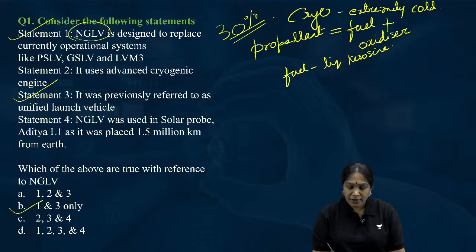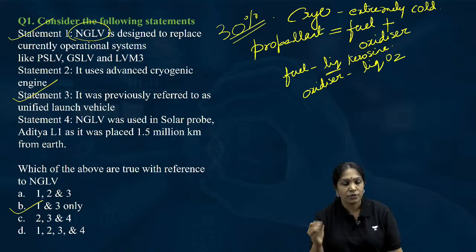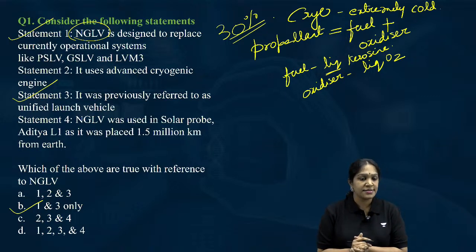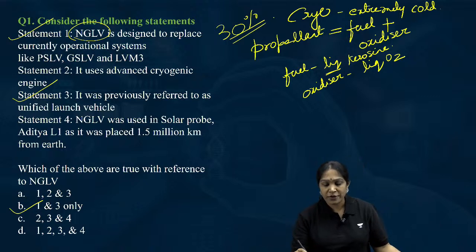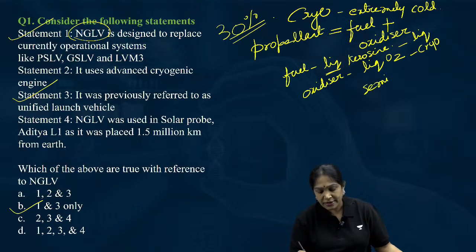Whereas, oxidizer is liquid oxygen. Because we do not have the atmospheric oxygen, we use liquid oxygen as the oxidizer. So therefore this is liquid. This is cryogenic. It means this is semi-cryogenic. Is it clear? That is NGLV.